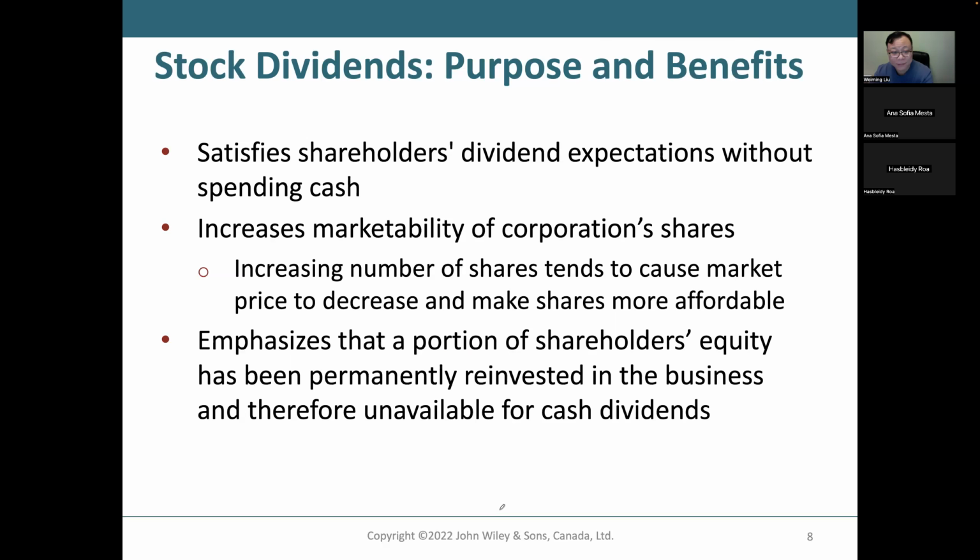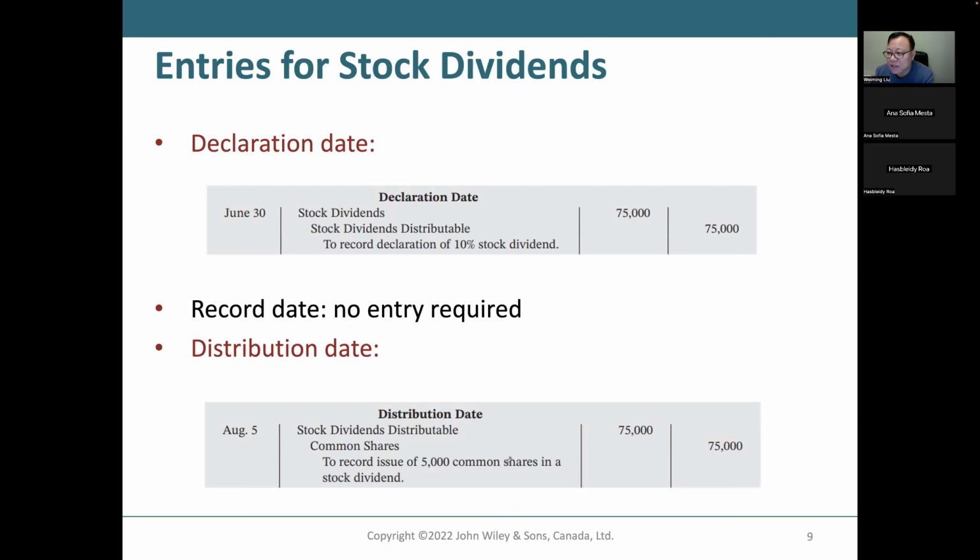So the journal entries are similar to the cash dividend: you have a declaration date, a record date, and a distribution date. On the declaration date, you have to recognize that liability. The moment you declare the dividend, it becomes a liability. The company has to pay.